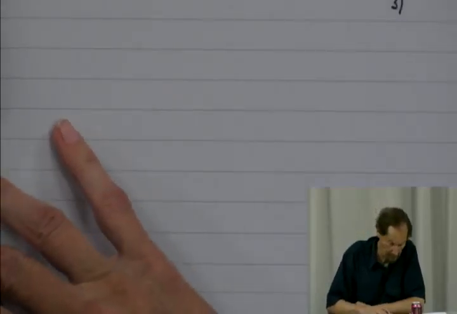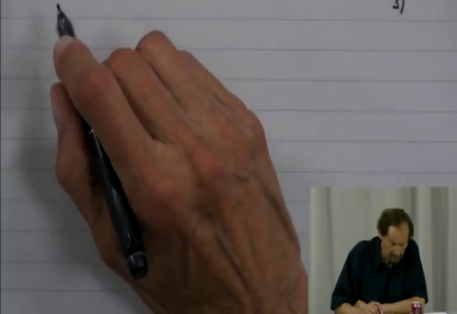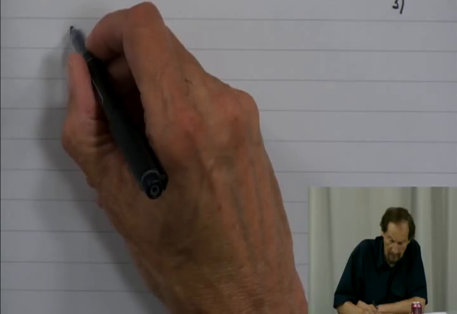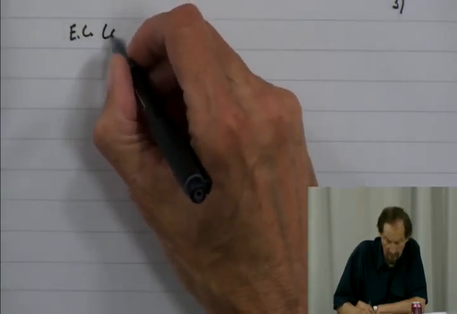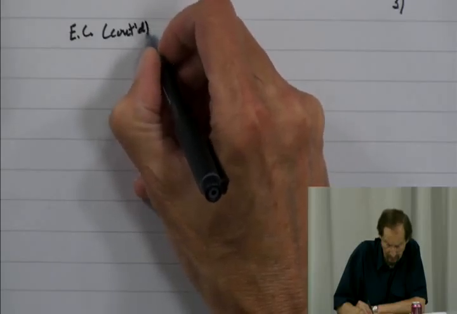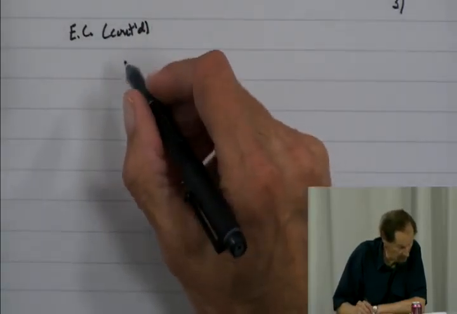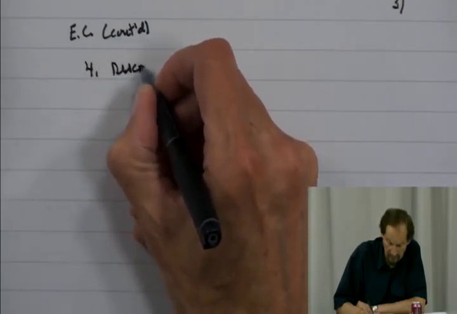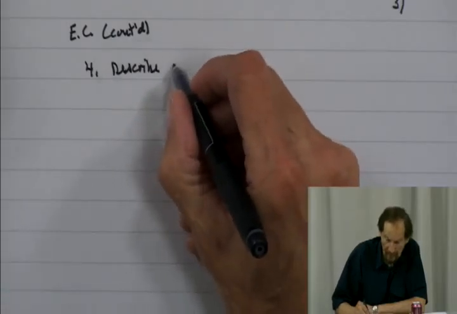So we have some more extra credit. This is pretty easy. And I think if he hasn't already done so, I'll ask Shauna to put up an abbreviated list of different websites that you can get information from. And we're looking at EC continued. And we have the following. 4, describe quantitative easing.